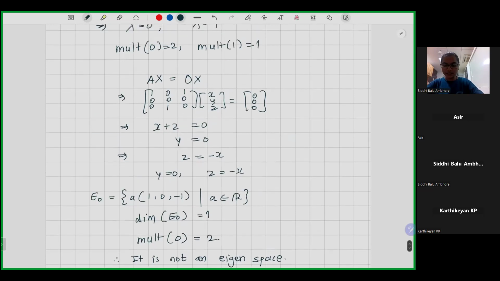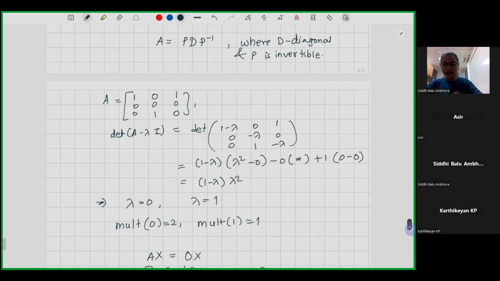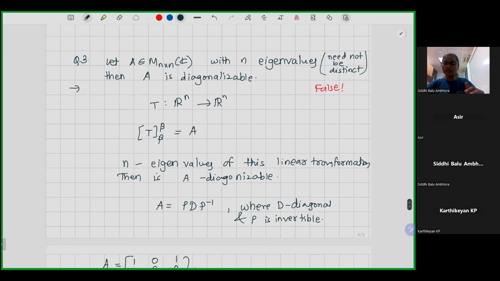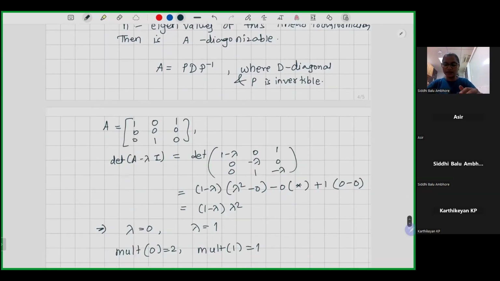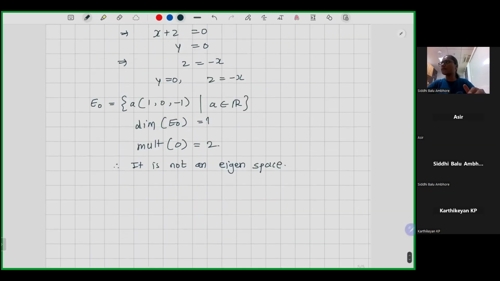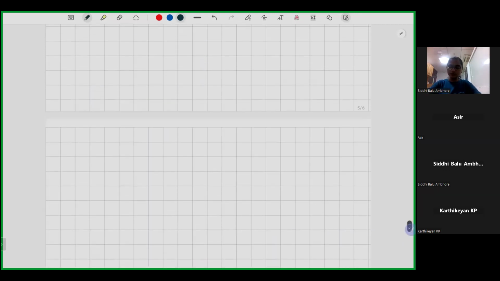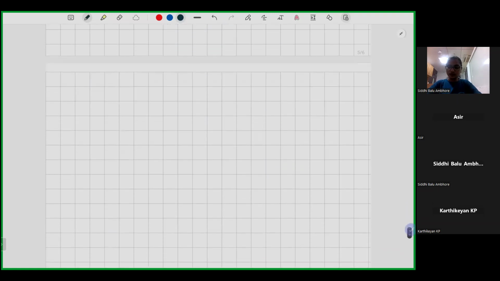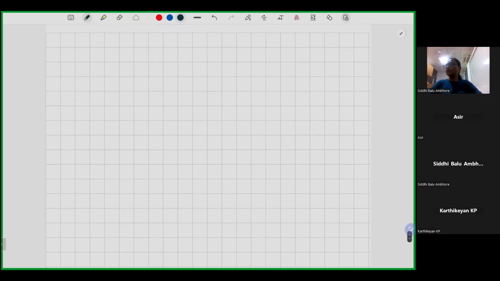Not in this, but in general, if after looking at this you want to ask any doubt related to diagonalizability or any eigenvalue related question, please feel free to ask. If not, then otherwise I would like to discuss a few more questions. Is it okay? Do you have any doubt?